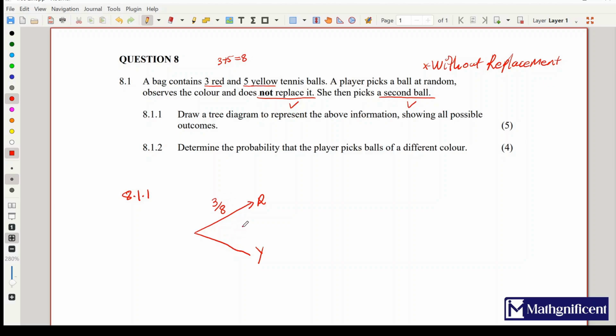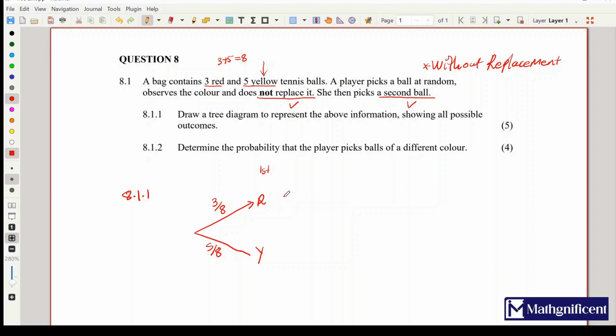We also have the probability of first selecting a yellow ball, which is 5/8, because we have 5 yellow balls out of 8 total balls. This is for the first try, or the first pick.